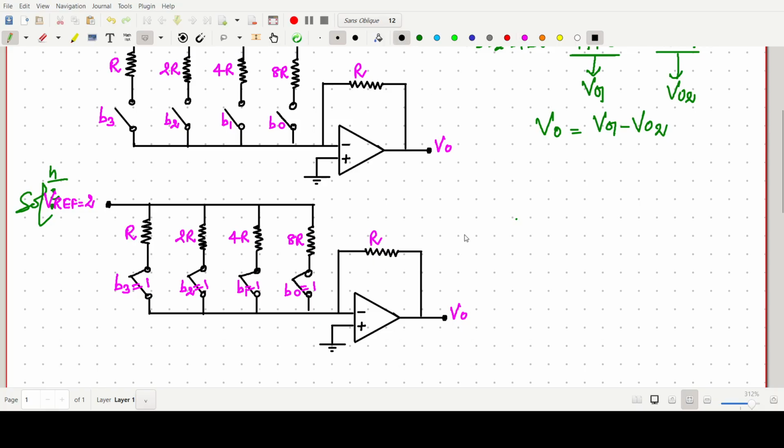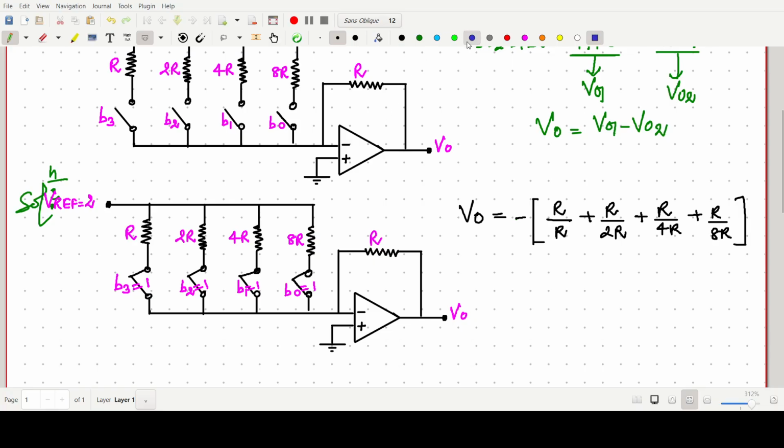So the summing amplifier output V naught we can write as minus, R by R plus R by 2R plus R by 4R plus R by 8R, when all are 1.